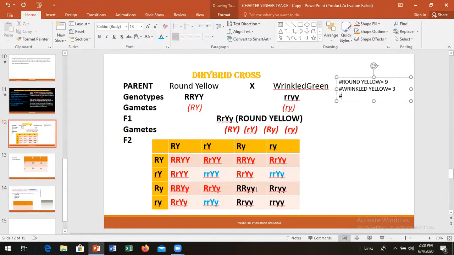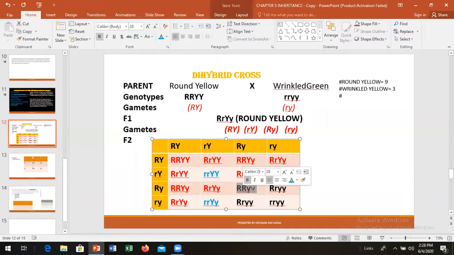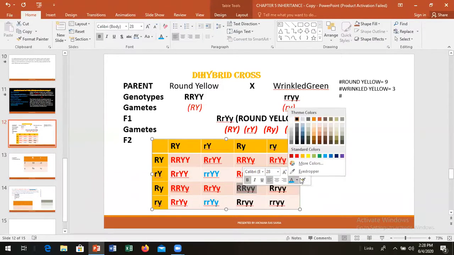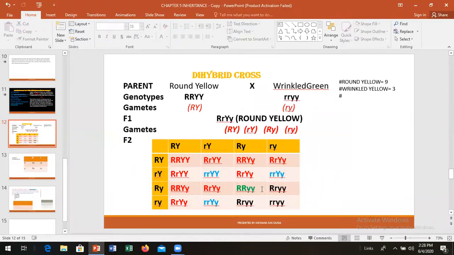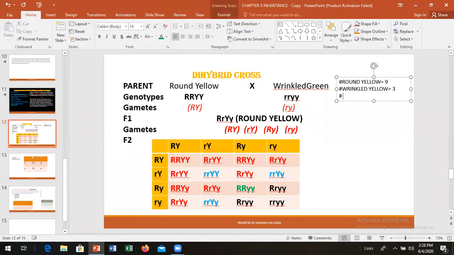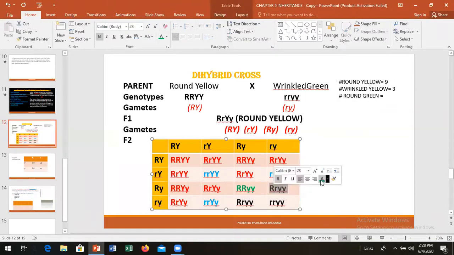What will be the phenotype of this one? This will be our capital R, round green. Round green. Okay. So how many round green? This will be round green.